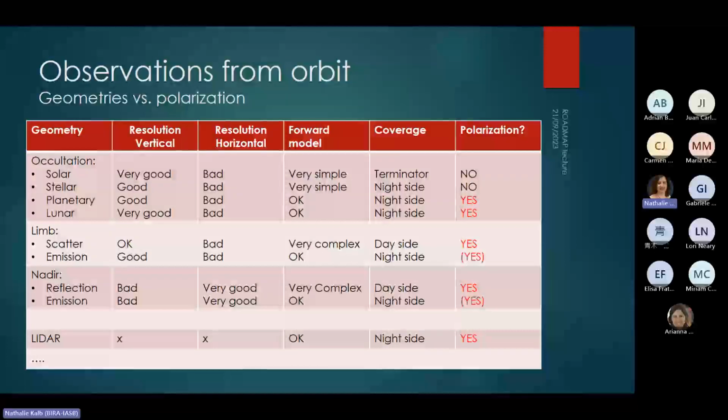Reflection of the planet. Same for lunar occultation. Suppose you want to do an occultation of Phobos around Mars. Yes, you have to take into account polarization. Then you have the scattering of light by the atmosphere, limb measurements. Yes, there's scattering involved.